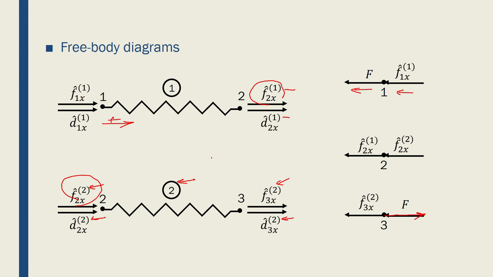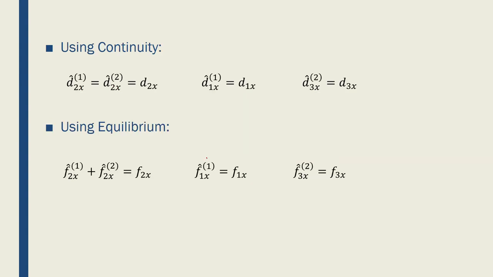Having known these, let's move on and apply the continuity and equilibrium conditions. So the bar that we have is something like this. And node 2 is in here. And node 2 has displacements when attached to element 1 and element 2.